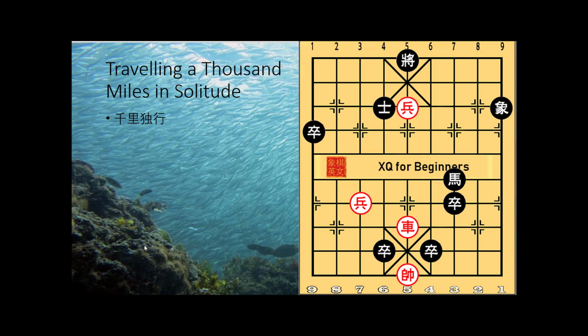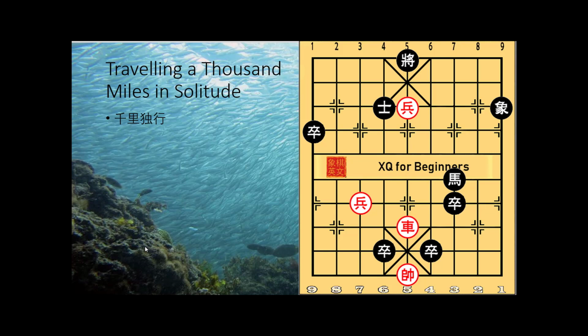The next one will be Traveling 1,000 Miles in Solitude. Incidentally, this endgame composition was the one I used on the cover page of my lexicon, and it is similarly benign, and it contains many tactical themes which are very interesting.